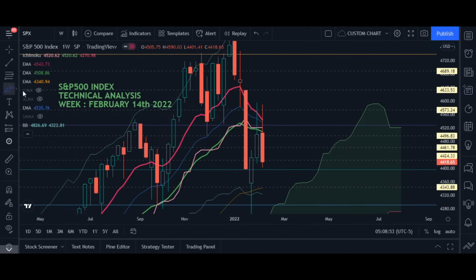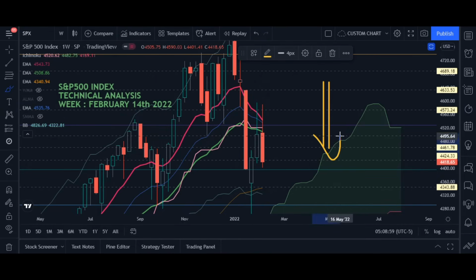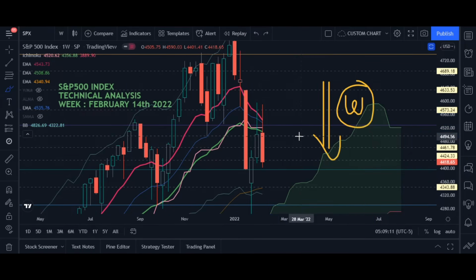So through all of the technical indicators except the Ichimoku, it is confirmed that the market is bearish on the weekly chart, and also the fan out of the moving averages. Now let's move on to the daily chart to see how the market is going to behave on a daily basis.